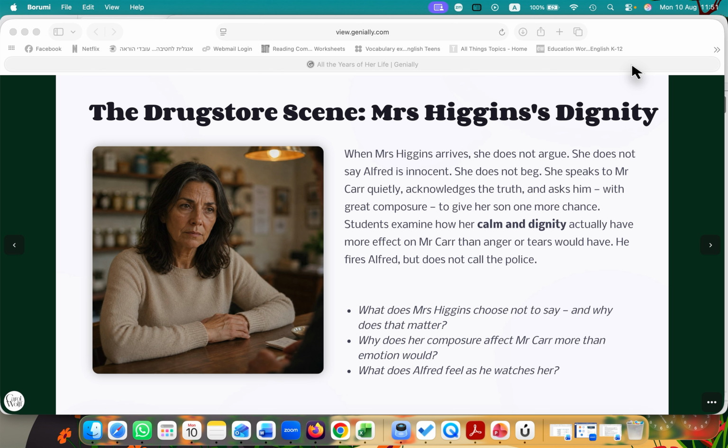Her calm, dignified response seems to influence him. He fires Alfred, but chooses not to call the police. Use the discussion questions to explore what she chooses not to say, why her composure has such an effect on Mr. Carr, and what Alfred might be feeling as he watches her.